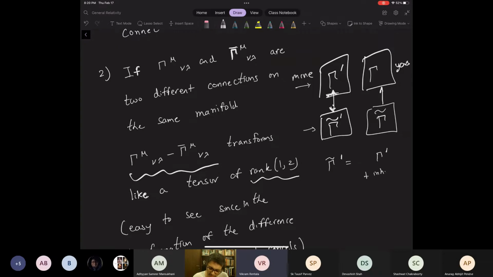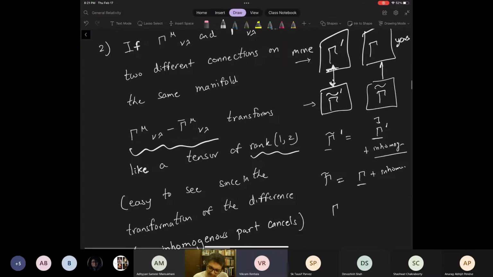There's some inhomogeneous part. The inhomogeneous part doesn't actually care about what your connection coefficients are. It's the same whether you use my connection coefficients or your connection coefficients. You have exactly the same inhomogeneous part, which means the difference between my connection coefficients and your connection coefficients, gamma prime minus gamma, is the same in any basis.